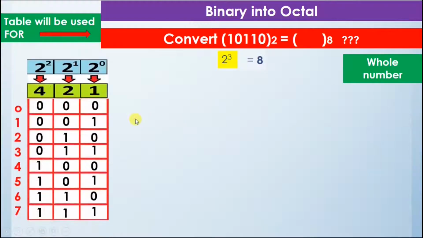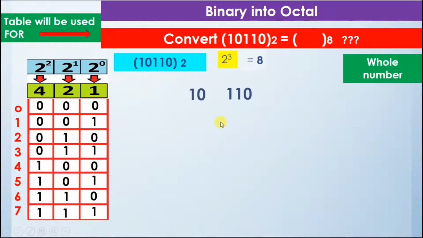So now we add the table that we created before that shows octal numbers from 0 till 7 in their binary equivalents. These are the binary equivalents, okay? So now we are given the binary number 10110. Now we will make groups of 3 digits while moving away from the decimal point.